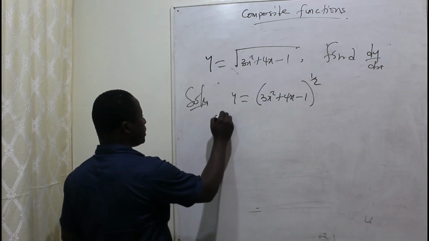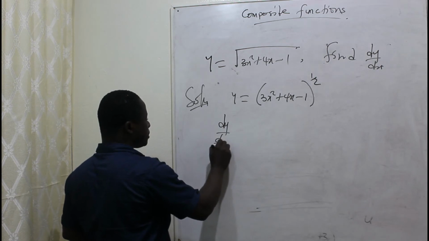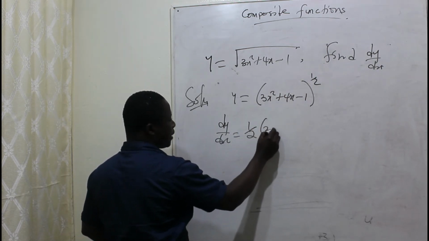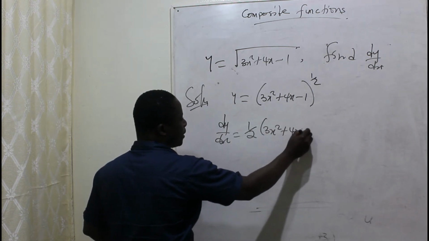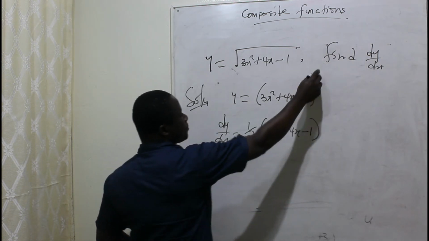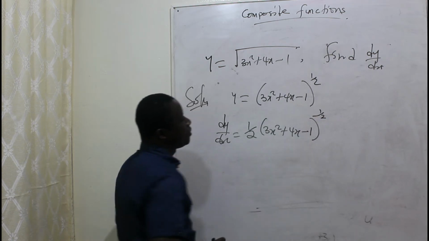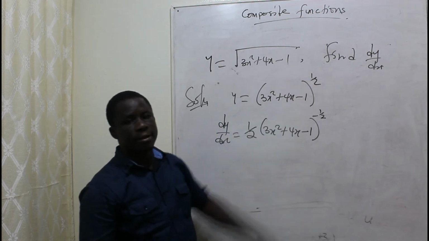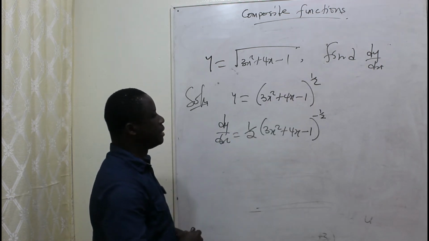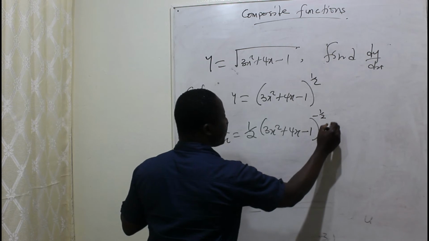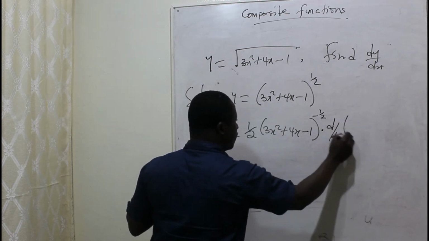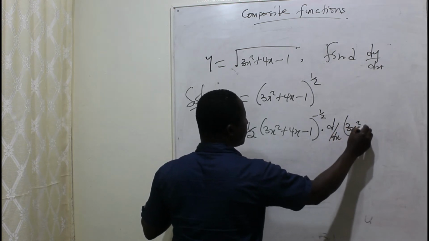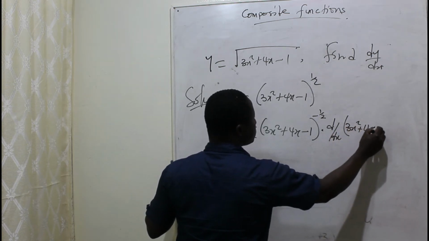So we differentiate dy/dx. Half multiplied by (3x squared + 4x - 1), subtract 1 from the half, and the answer will be negative half. Then we multiply by d/dx of the inside function, which is 3x squared + 4x - 1.